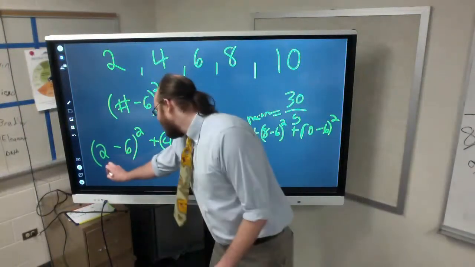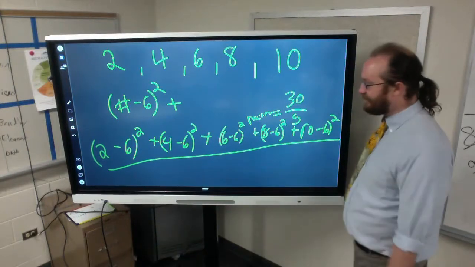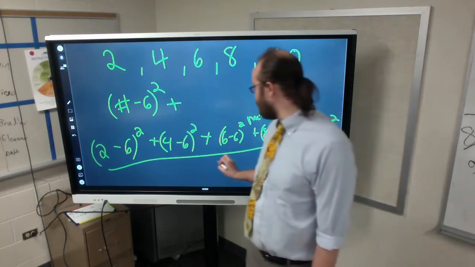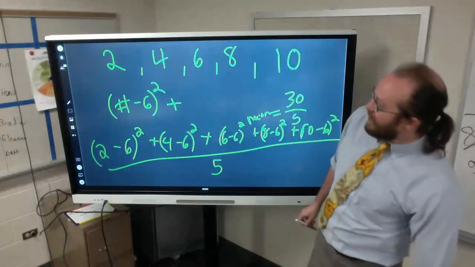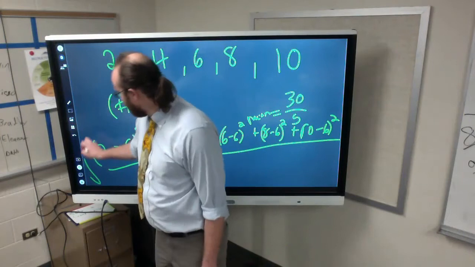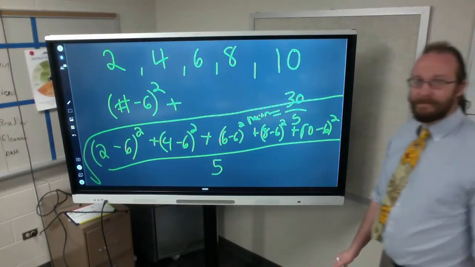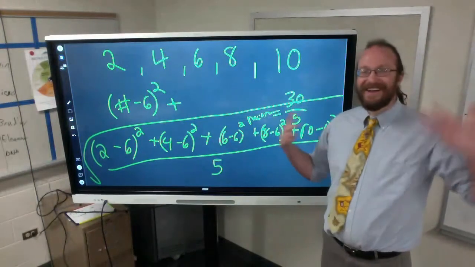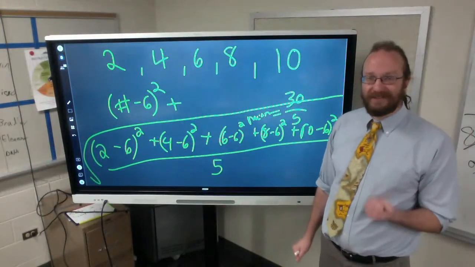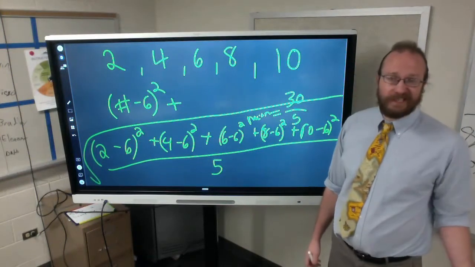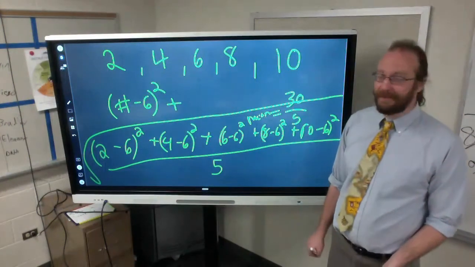We would do all of this, divide it by the number. We got 5 numbers up here, so we're going to divide it by 5. And then finally, we would take the square root of that monster to get to what 1 standard deviation would equal. In this case, 1 standard deviation I already know is equal to 2.